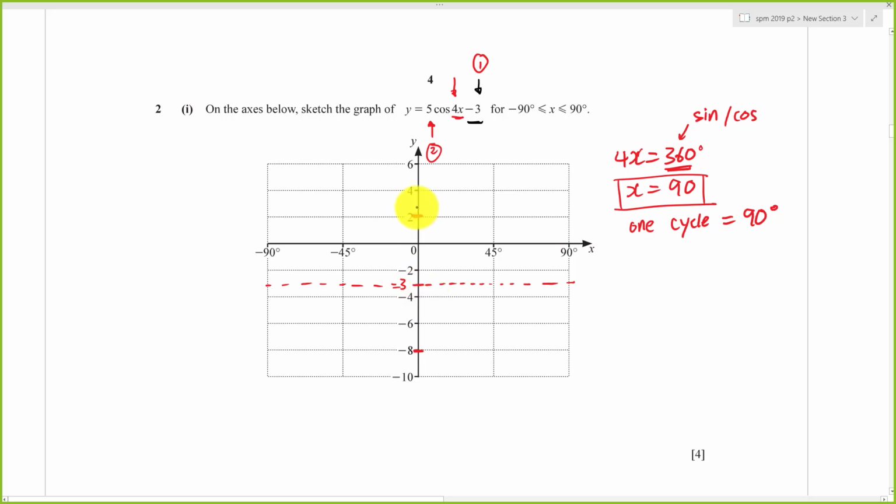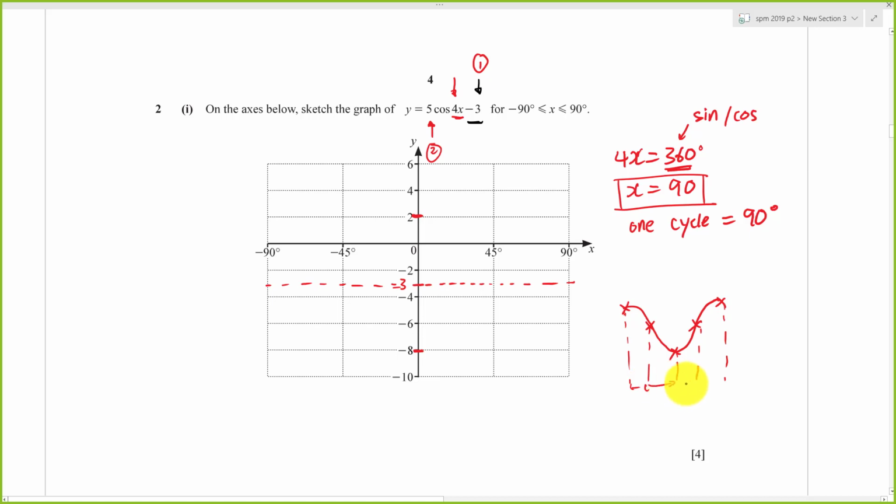So I will plot 5 coordinates for my cos graph, because for the cos graph you divide it into 4 different quadrants, isn't it? So this is what happens.